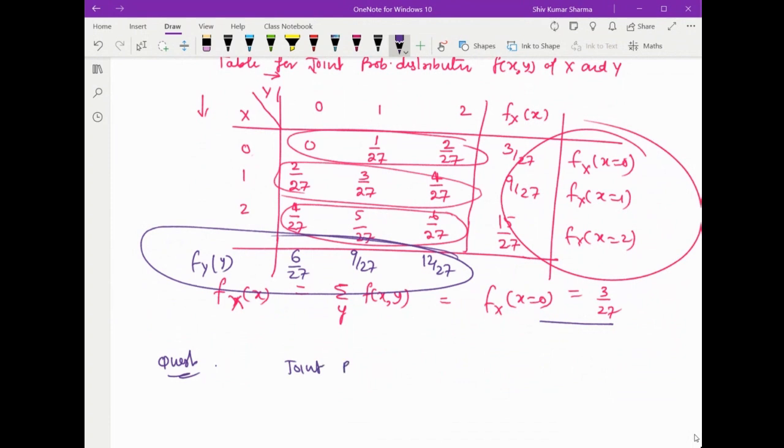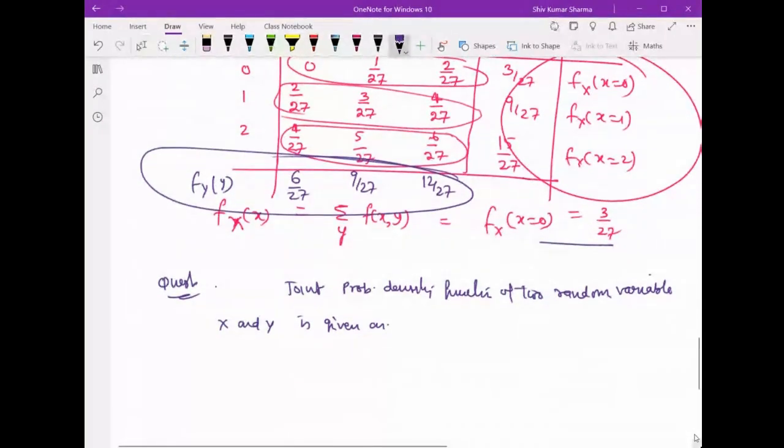The joint probability density function of two random variables x and y is given as f of x, y equal to 9 times (1 plus x plus y) upon 2 into (1 plus x) raised to the power 4 into (1 plus y) raised to the power 4.